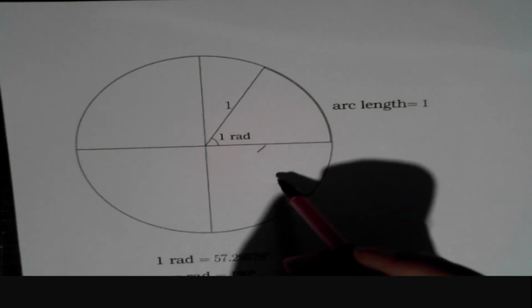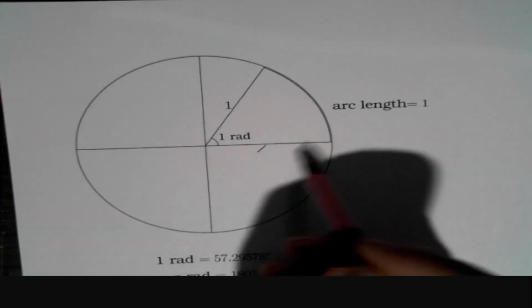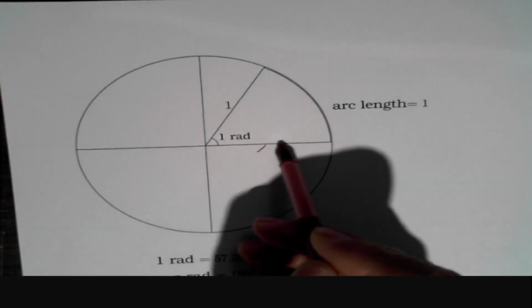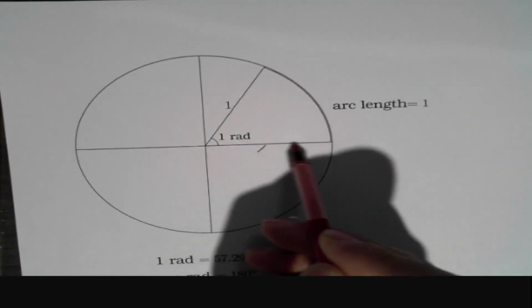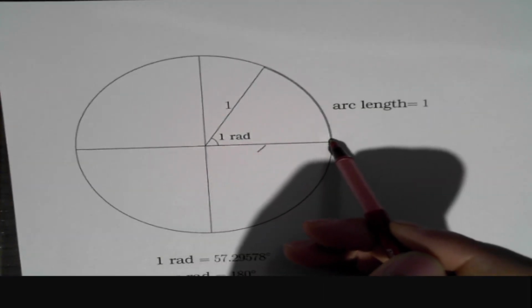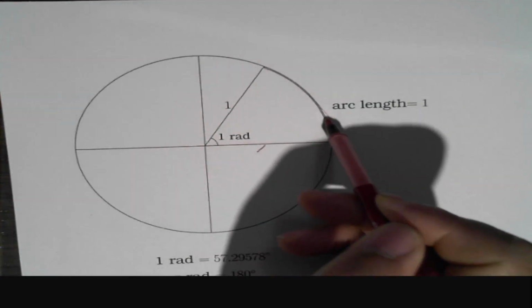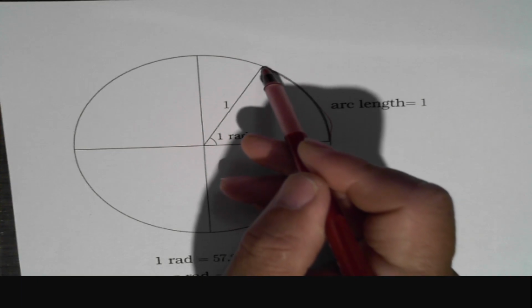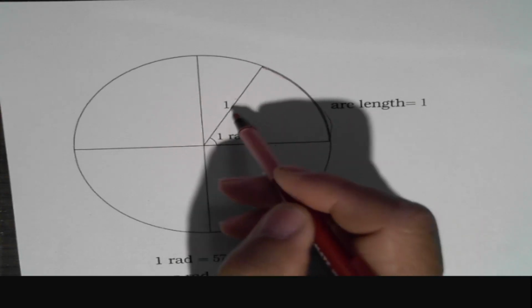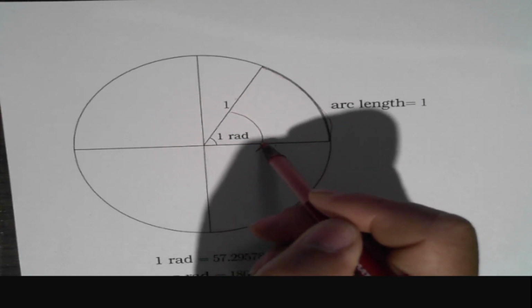Normally we use degrees for angle, but when you make a unit circle where the radius is 1, and you make the arc length also 1, then from the ending point to the origin you make a line, and these two lines make some angle.